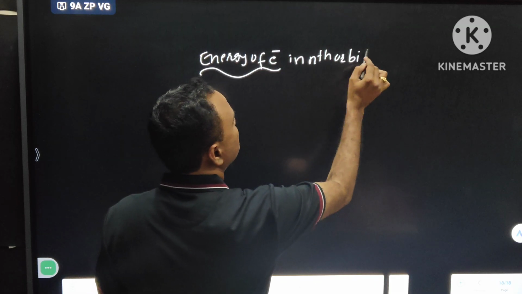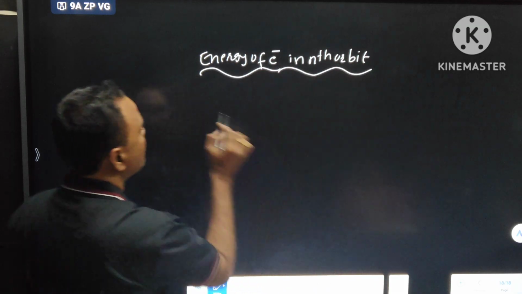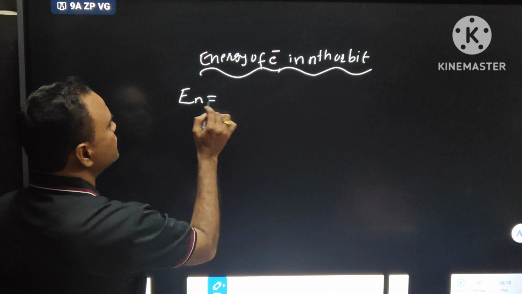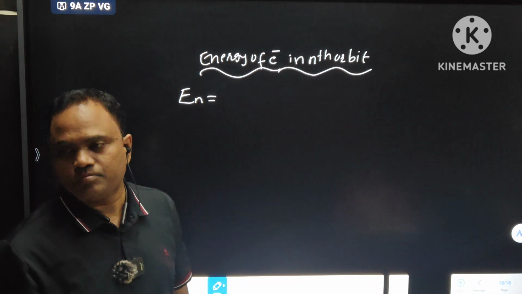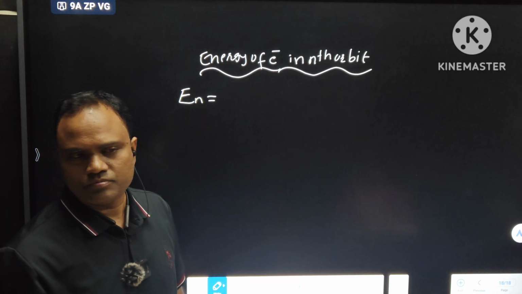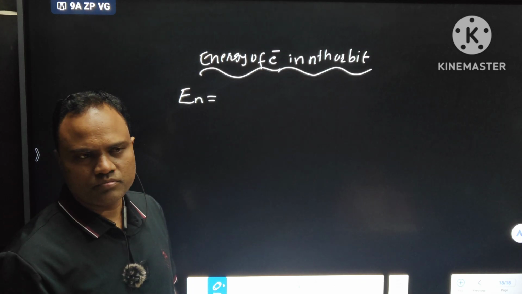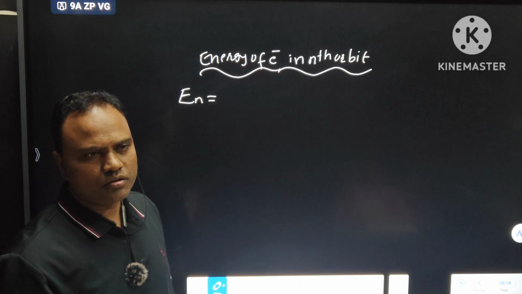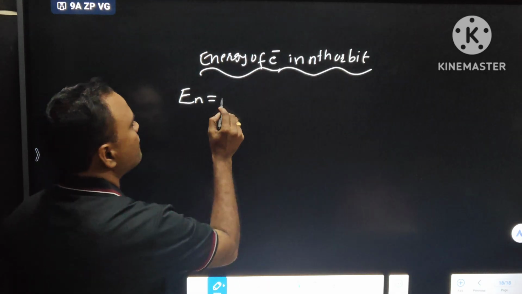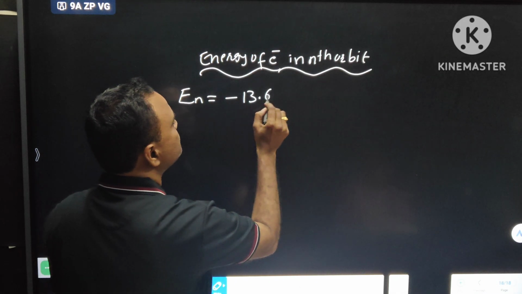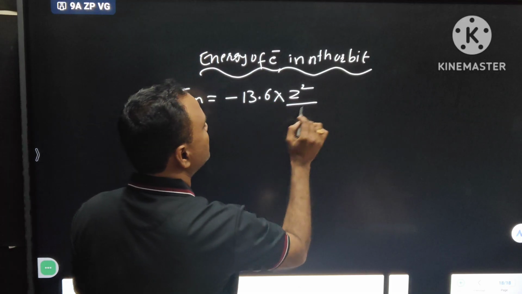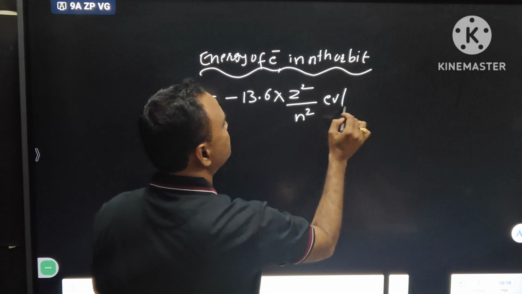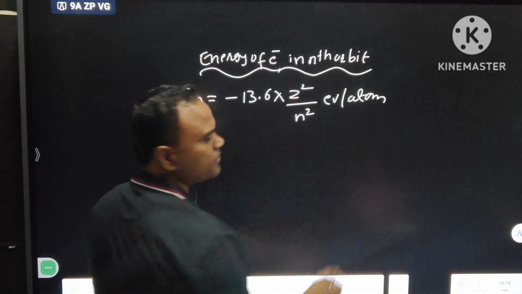En, energy of the electron in the nth orbit, is equal to any idea? Minus 13.6 into Z square by n square eV per atom, electron volt per atom.